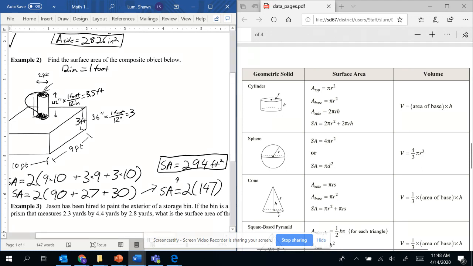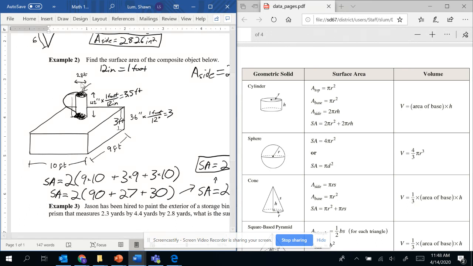So I'm going to go area of the side equals 2 pi r h. R stands for the radius. We don't know the radius. We've been given the diameter. So the radius is half of the diameter.